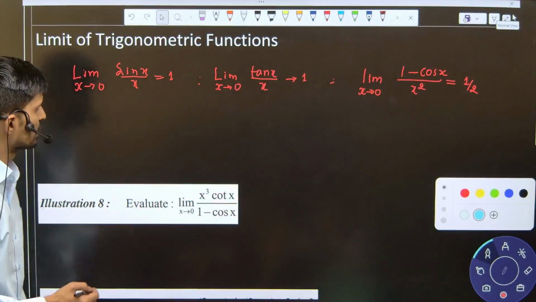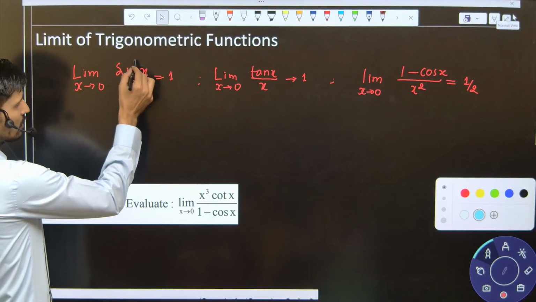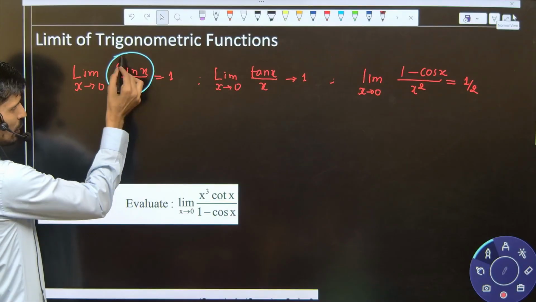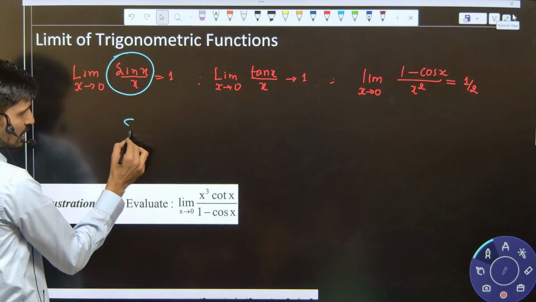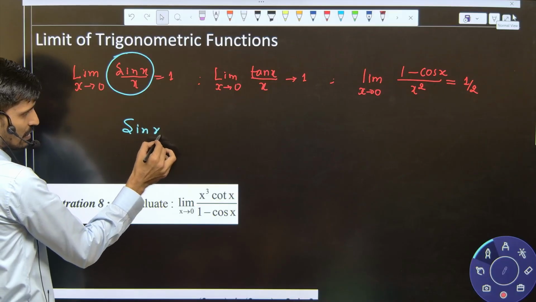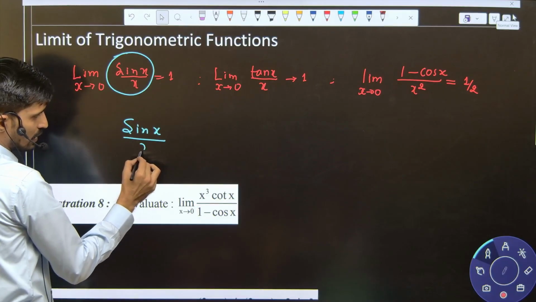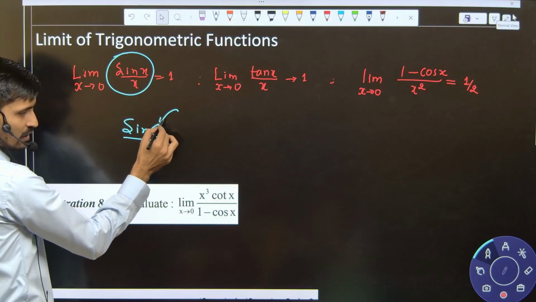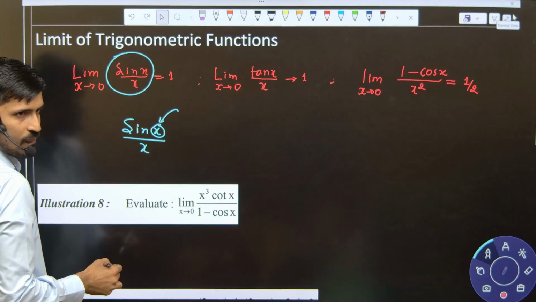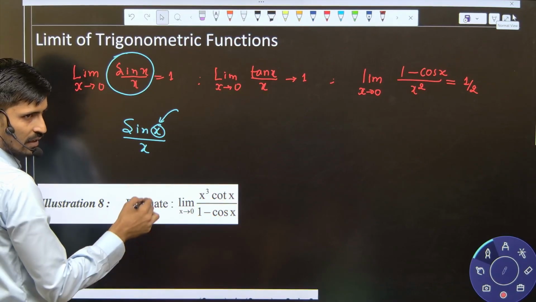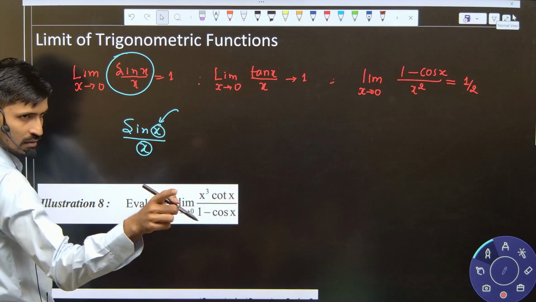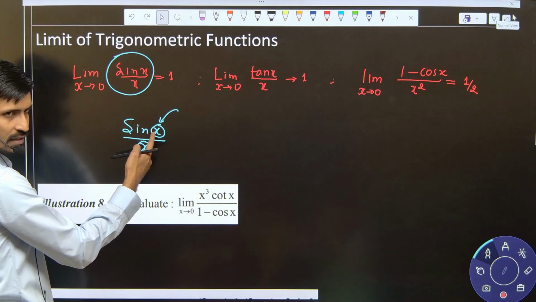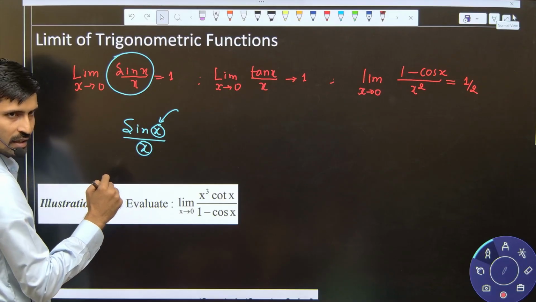Okay, see. I am going to take this expression separately, sin x upon x. Just see sin x. In sin x, what is x? X is the angle. And the same angle x is in the denominator. Whatever angle is here, the same angle is in the denominator.